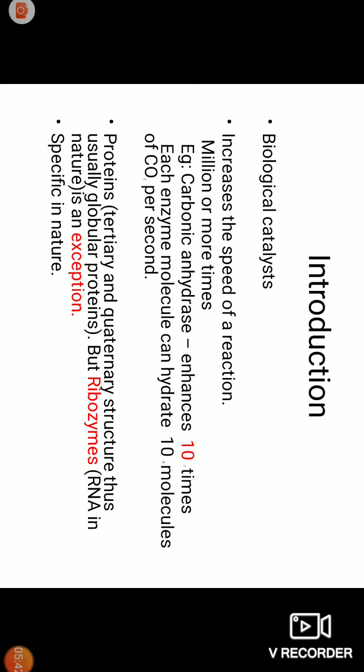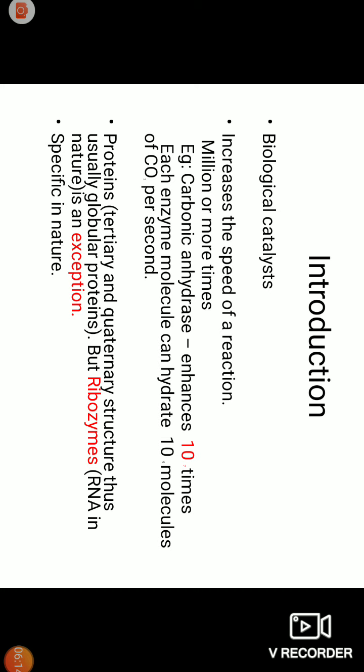So what is the function of carbonic anhydrase? Carbonic anhydrase causes the reaction between carbon dioxide and water to form bicarbonate ion. It is a very important enzyme involved in the respiration process, that is basically the transport of carbon dioxide from tissues to lungs. You might have already encountered carbonic anhydrase.